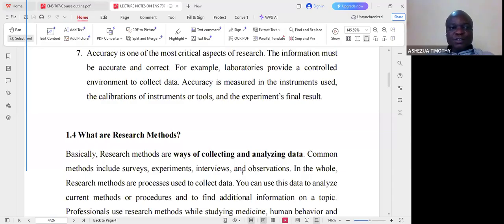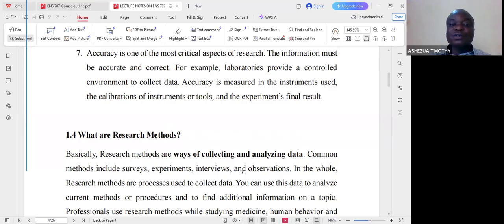What are research methods? So basically, research methods are ways of collecting and analyzing data. So if I ask you, what are research methods? Just simply tell me these are ways of collecting and analyzing data.